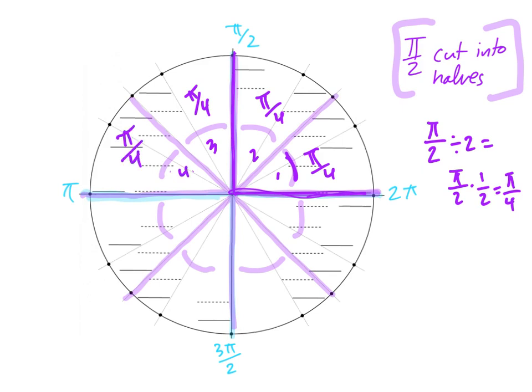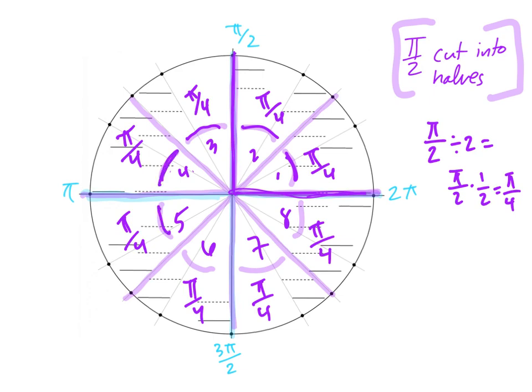So that's the fourth one, the fifth, 6. Okay. Pi over 4. Pi over 4. So they're cut into even pieces, right? So each purple chunk is the same size. I know it looks kind of different because of the other lines, but they are, I promise.